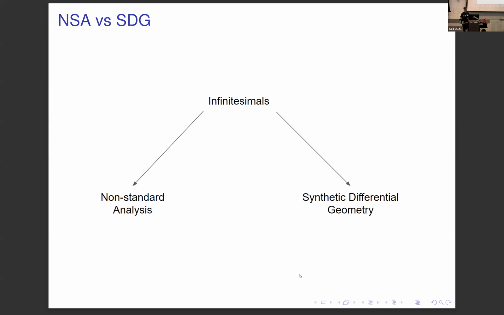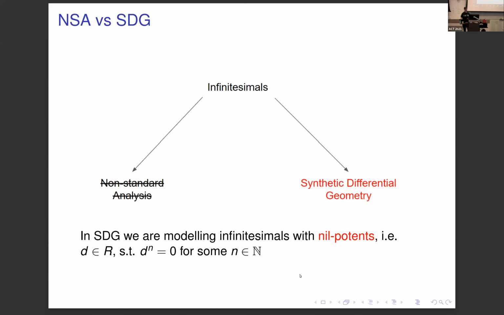And Anders Koch, and also me following in his footsteps, we're moving away from looking at it as Lawvere did from the categorical point of view, and using what is so-called naive synthetic differential geometry.